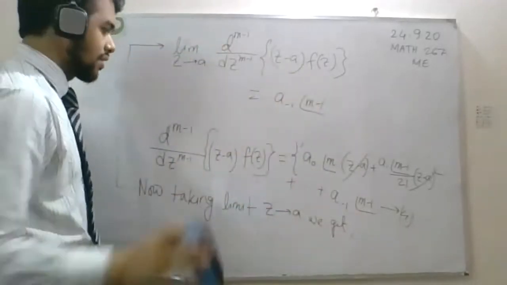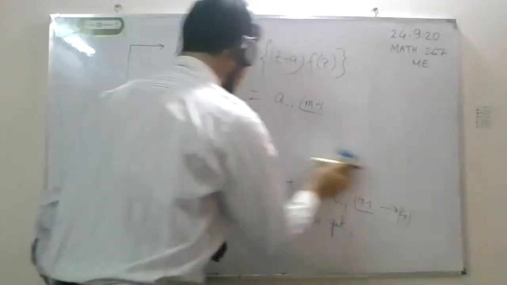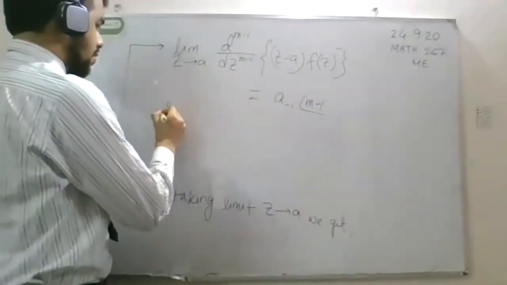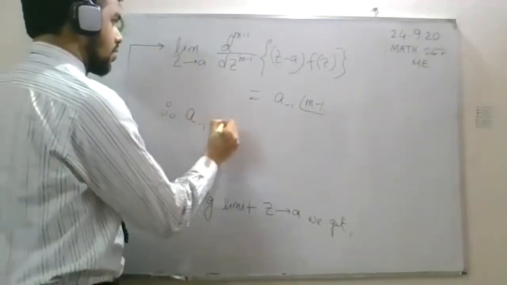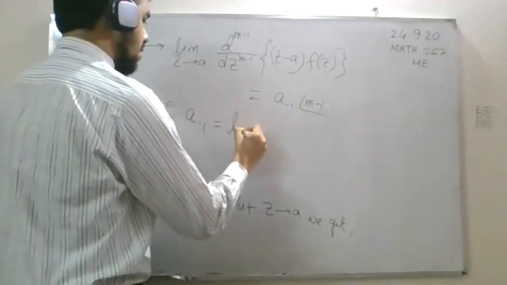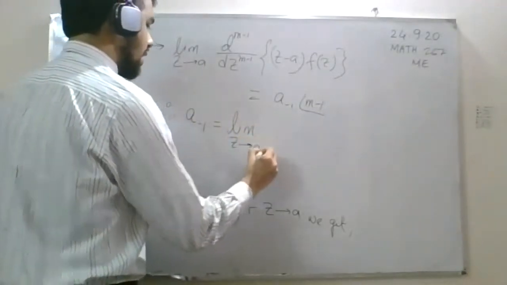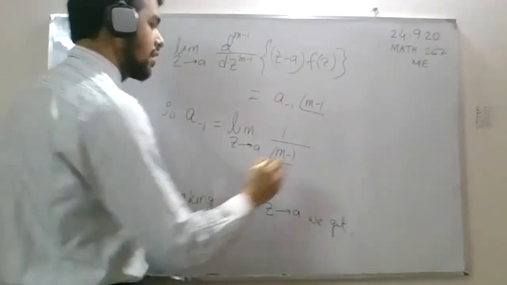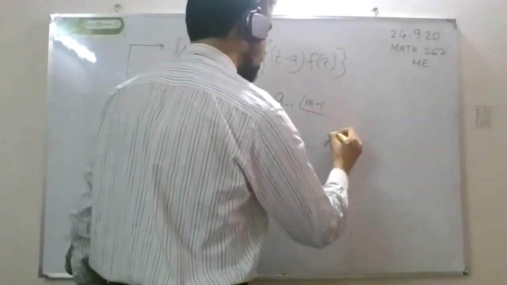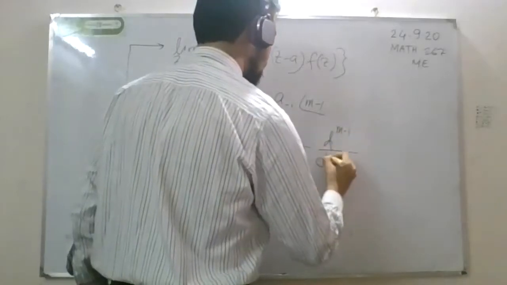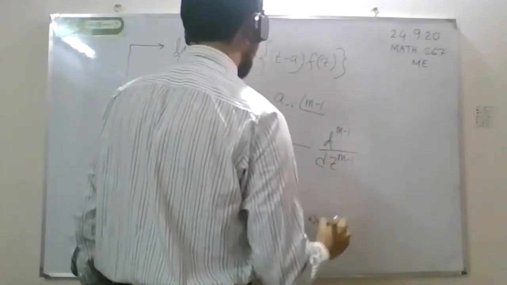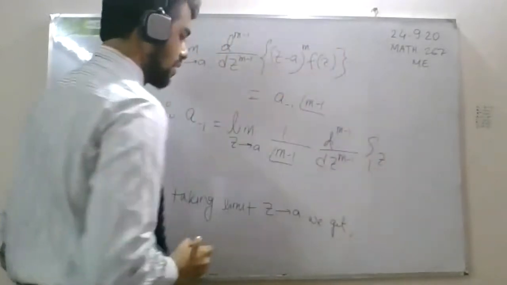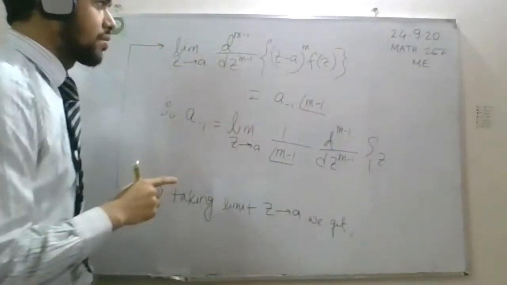So from here you can easily say that a minus 1 equals limit z tends to a, 1 by n minus 1 factorial into d to the power n minus 1 divided by dz to the power n minus 1 into, sorry, here there was an m, I just made a mistake in my previous line.